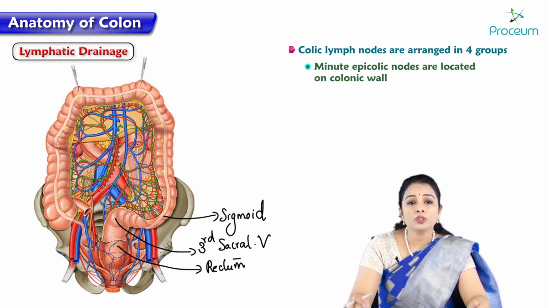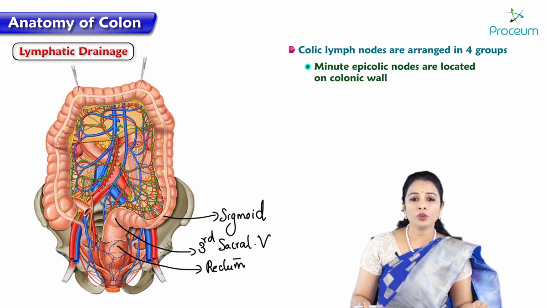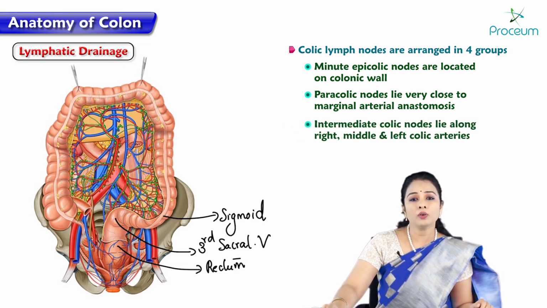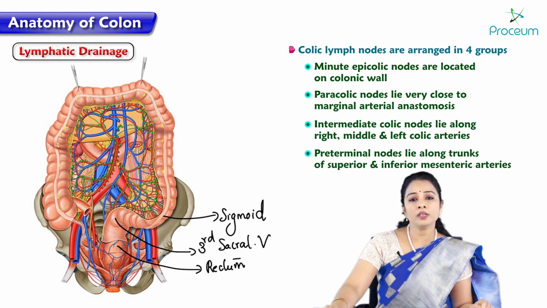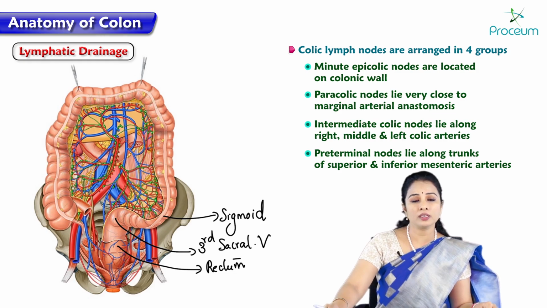The minute epiploic nodes are located on the wall of the colon, and paracolic nodes lie very close to the marginal arterial anastomoses. Intermediate colic nodes lie along the right, middle and left colic arteries, and the pre-terminal nodes lie along the trunks of the superior and inferior mesenteric arteries.